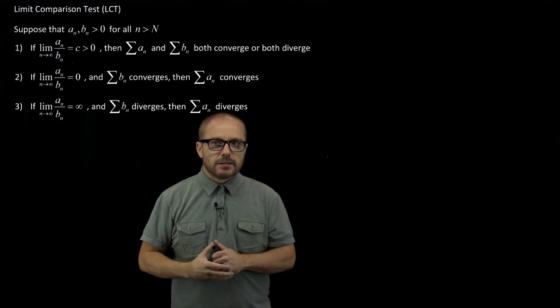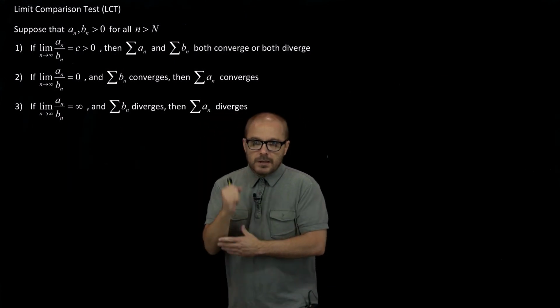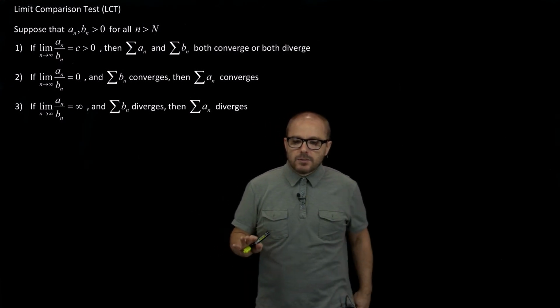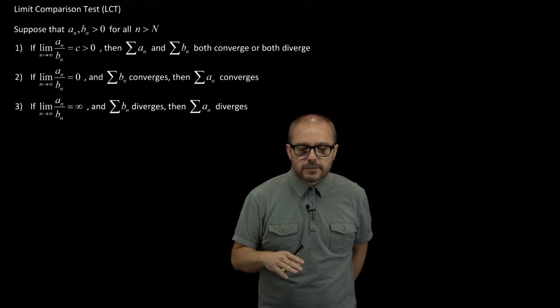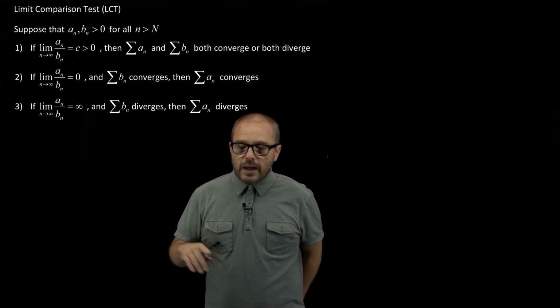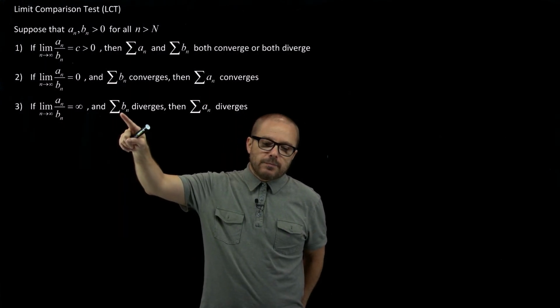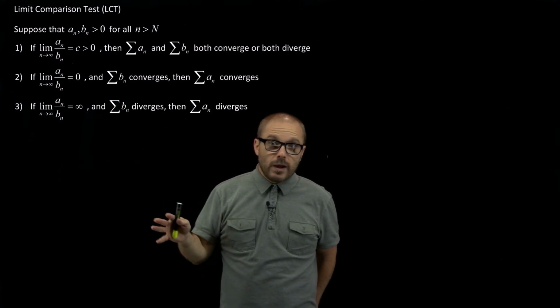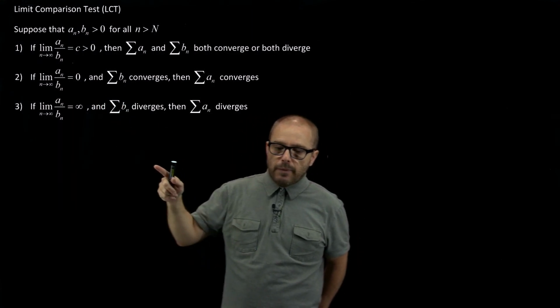So this first one says, well, what if the limit goes to 0? Before we just said, try something else. But you can say something if the limit is 0, so long as the thing that you're comparing with, the one that you know about, is on the bottom.